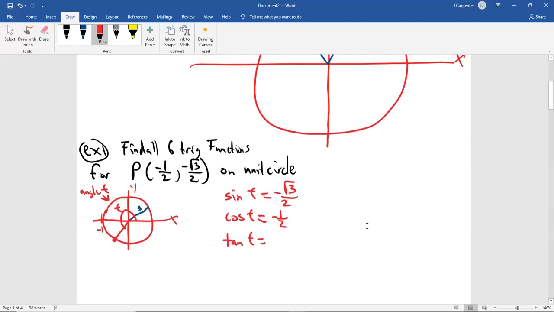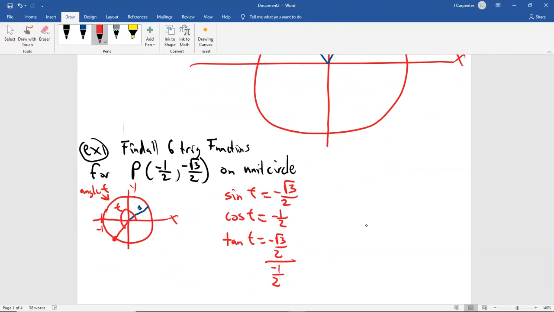Tangent is the ratio of sine to cosine, or the ratio of y to x. Negative square root of 3 over 2, on top of the negative 1/2. This one will actually have some work to do, though. A fraction divided by a fraction, you're going to see it all semester long. We've already seen it.